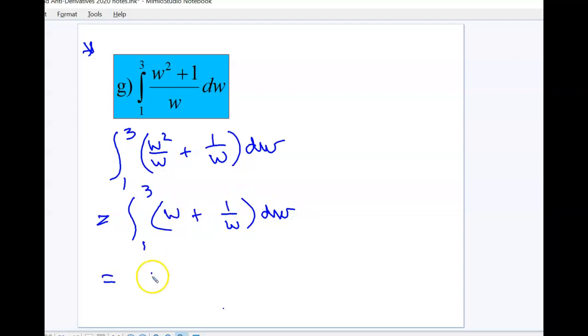The integral of W is going to be W squared over 2, plus the integral of 1 over W is going to be ln |W|. And this is going from 1 to 3.